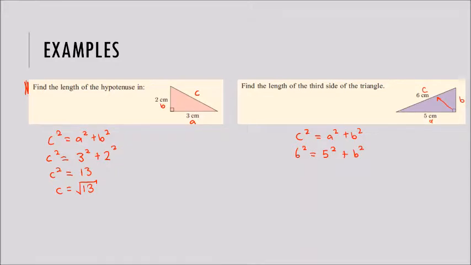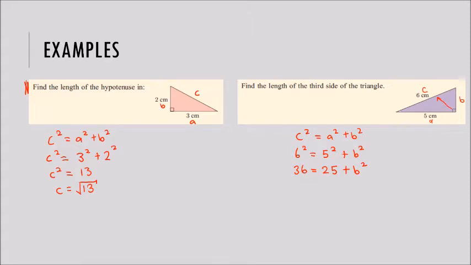So let's rearrange this. Or maybe we want to do our squared first. It doesn't really matter as long as we get B by itself in the end. So what I'm going to do, I like to do my actual squaring of everything first. So 6 squared is 36 is equal to, what's 5 squared? Well, that's going to be 25 plus B squared.